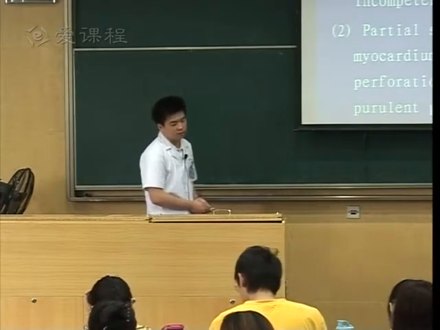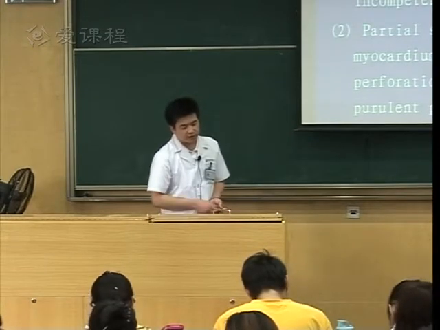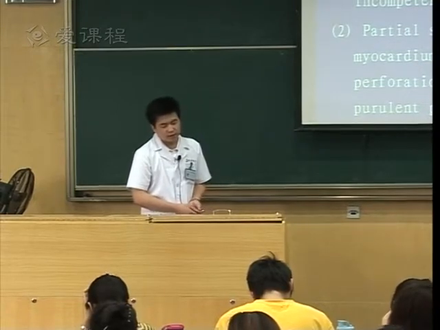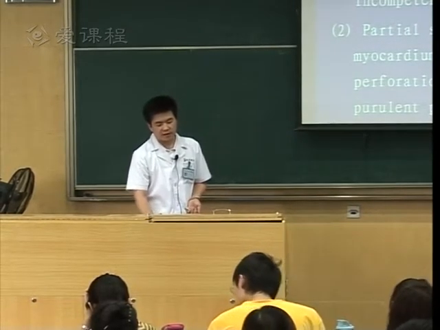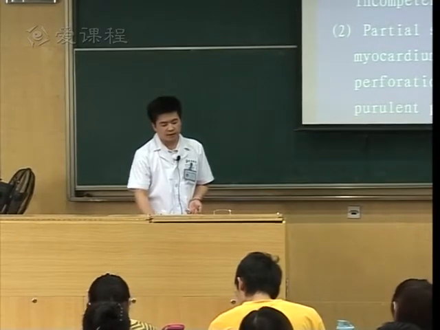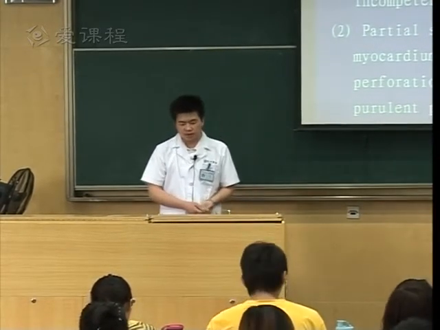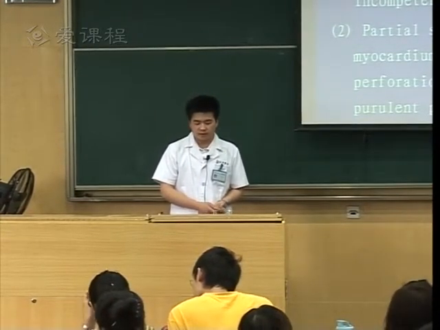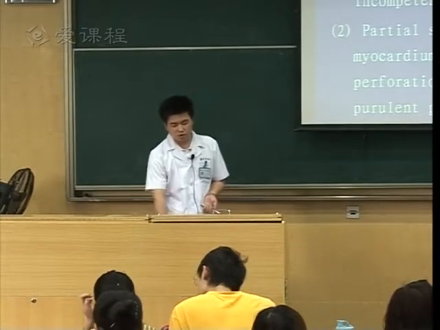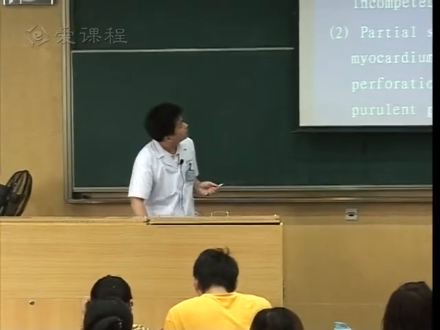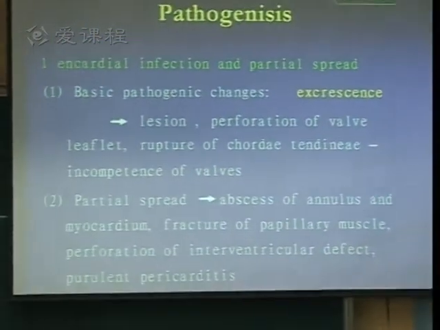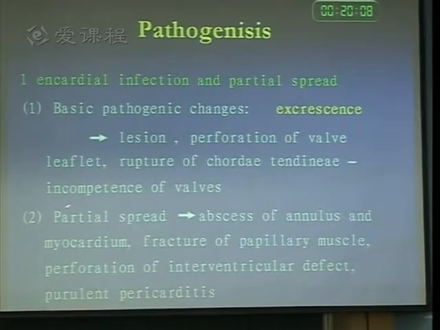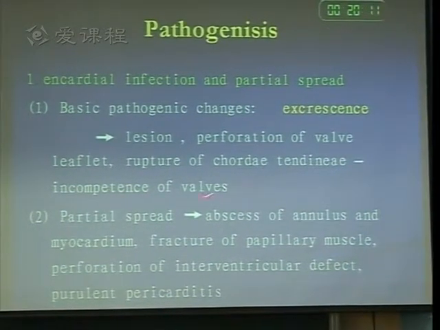So let's talk about the pathogenesis. The first one is the endocardial infection and partial spread. The basic pathogenic changes are the destruction of the valve, perforation of the valvular leaflet, rupture of the chordae tendineae, and finally result in the incompetence of the valves.